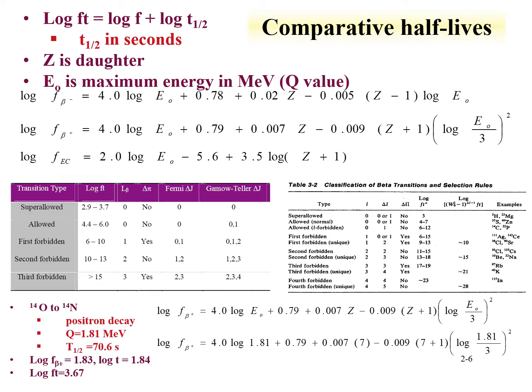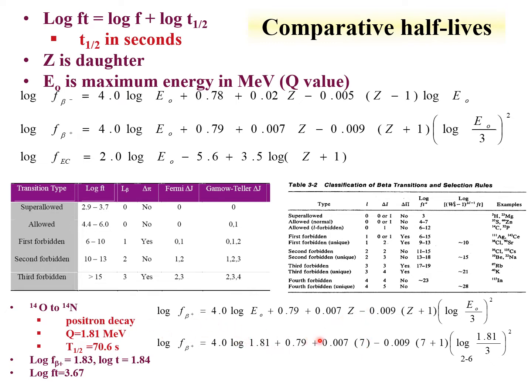And let's go for the positron decay of oxygen 14 to nitrogen 14. The Q value for this reaction is 1.8 MeV, and the half-life is 70.6 seconds. So if I take my positron equation here, and now I plug in my values for the decay of oxygen 14, so the Z is now the Z of nitrogen.